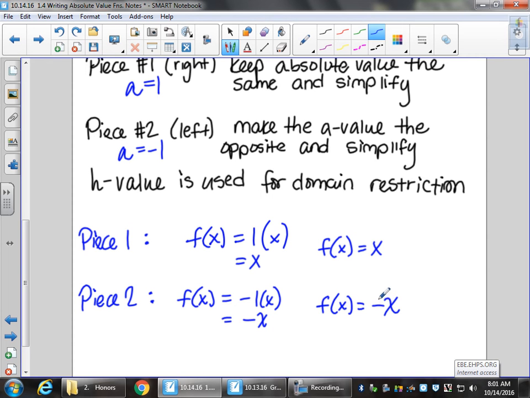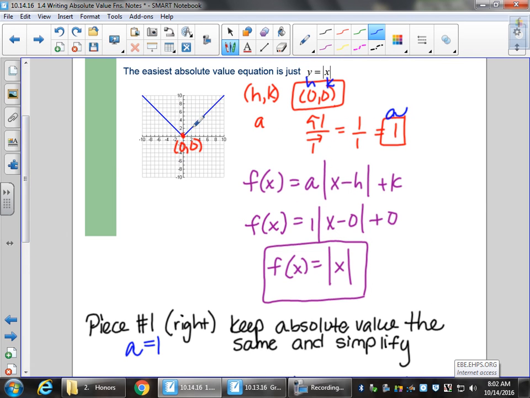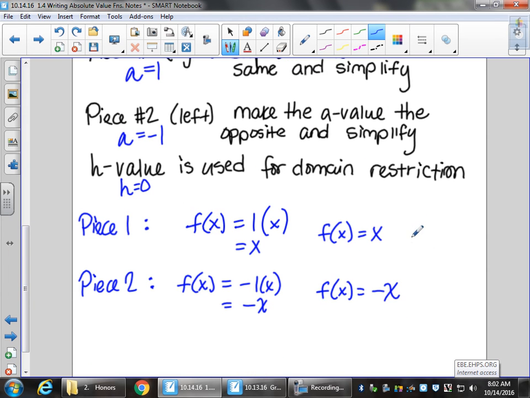Where the domain comes from, because for a piecewise function we always have a domain restriction, that's directly connected to h. What is h in this graph? So when x is greater than 0, is that piece 1 or piece 2? On this half, this ray, is that when f of x is x or negative x? Good.